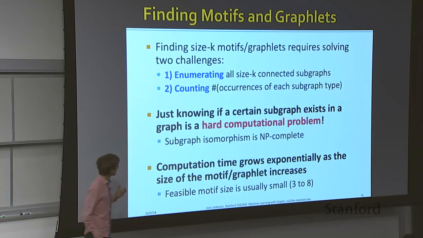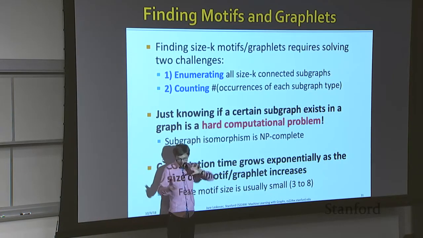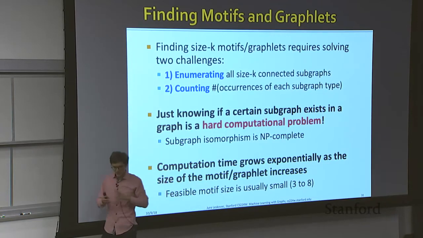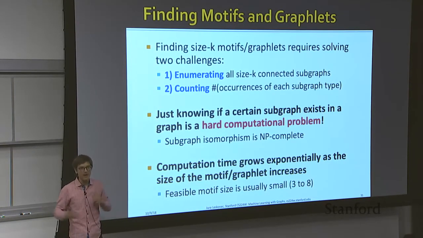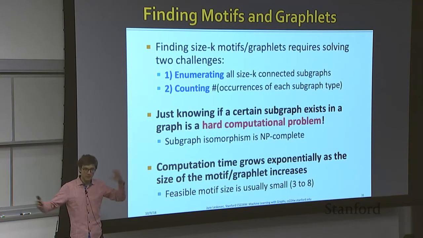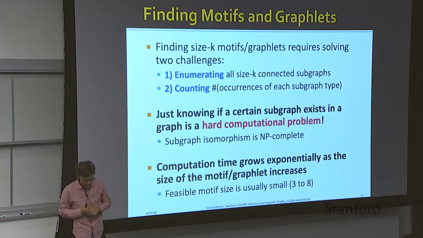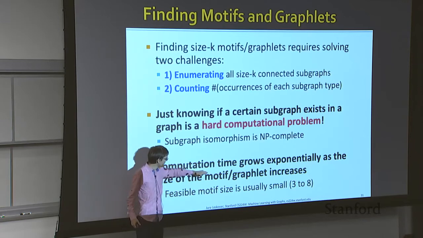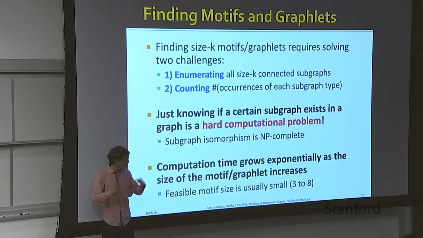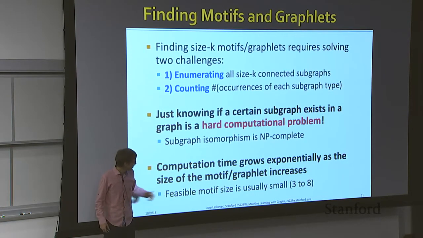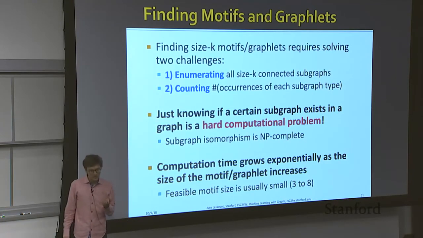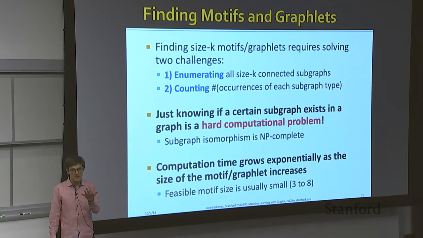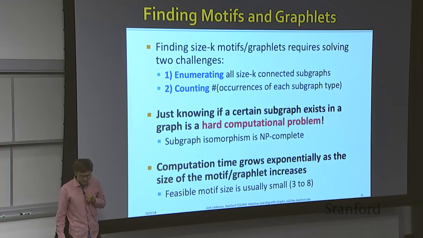So for these reasons, these motifs or graphlets or subgraphs are usually considered only up to a few nodes, 5, 6, maybe 8 at most, because then the combinatorial explosion is too large, right? And as I said, computational time grows exponentially with the size of the motif. So really, we can only count and enumerate motifs up to a given size, a handful of nodes.